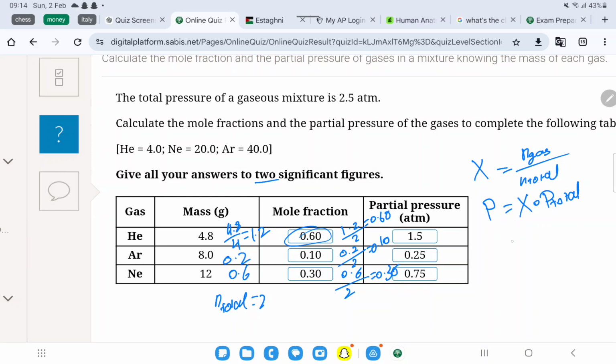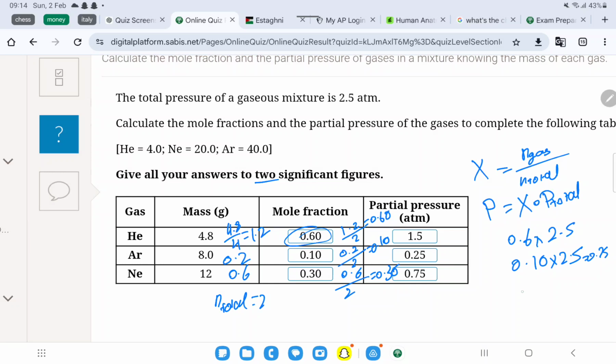So X for helium is 0.6 times P total 2.5, that's 1.5, two significant figures. For argon, sorry, 0.10 mole fraction times 2.5 is 0.25, two significant figures.